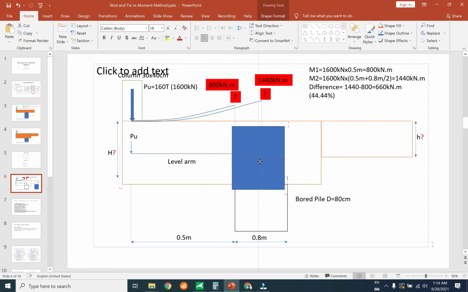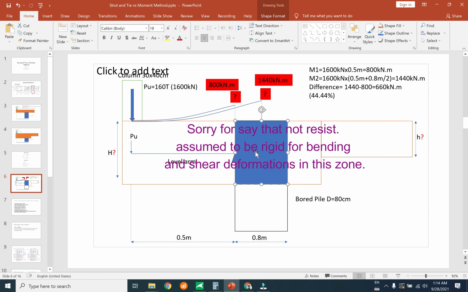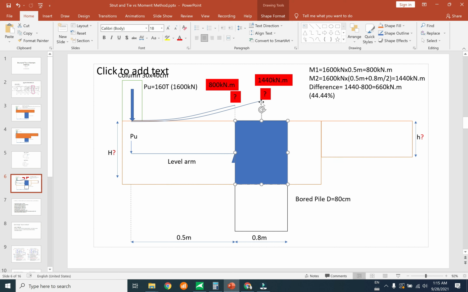Because the overlap zone between the concrete bored pile and the concrete pile cap is called the rigid zone. This zone does not resist shear deformation, so we can take the critical moment only at the face of the zone.